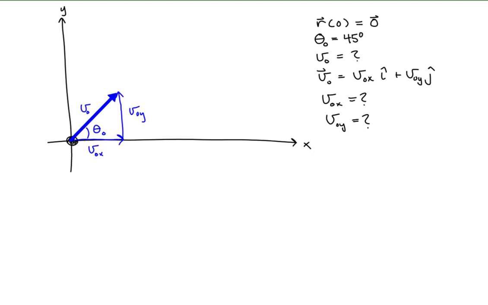But we do know the relationship of the components to the sides of a right triangle. We may find this useful. So the side opposite the angle, the y component of velocity, we could write as v naught sine theta naught. And for the x component, the side adjacent to the angle, we can write as v naught cosine of theta naught.